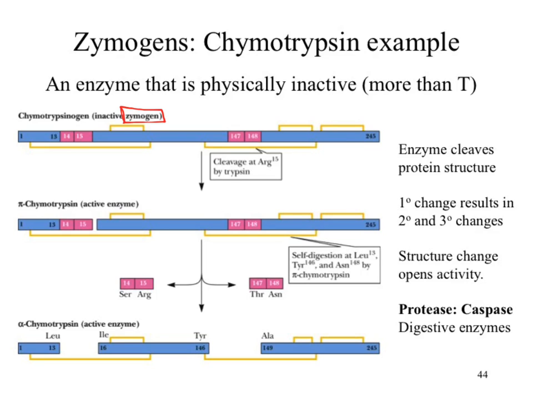What trypsin does, or what another enzyme does, trypsin, comes in and attacks the chymotrypsinogen, the precursor to chymotrypsin, and it cleaves at certain residues. So it goes through and cuts it open. As soon as it cuts it, the structure can now change its orientation.